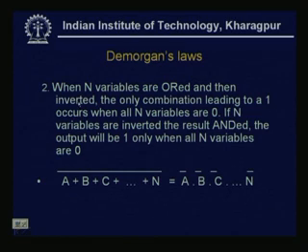And the rule says that when n variables are ORed and then inverted, or if n variables are inverted and the result ANDed, the output will be 1 only when all n variables are 0. Later, first we explain this term.